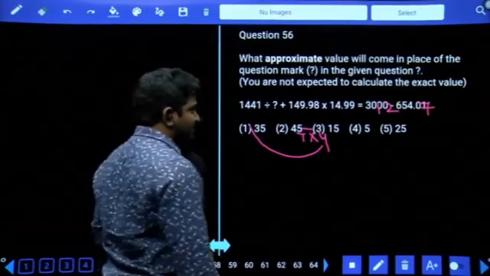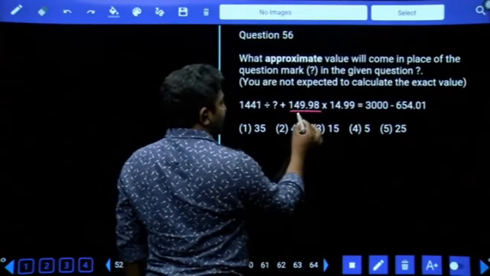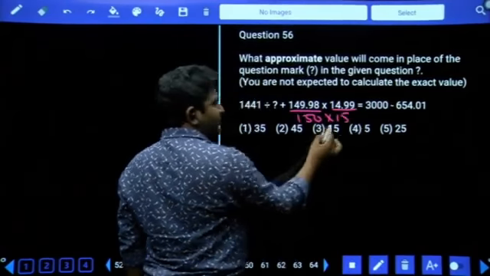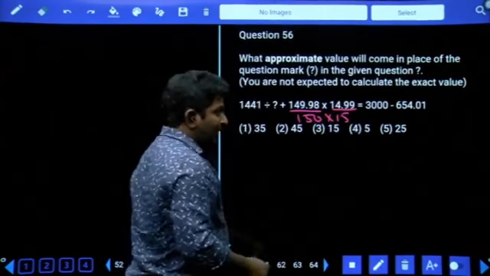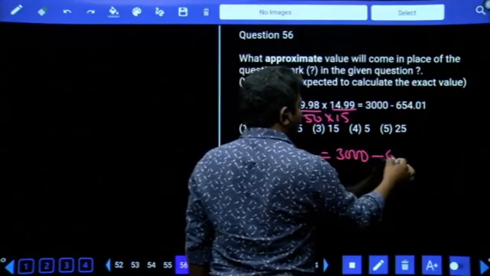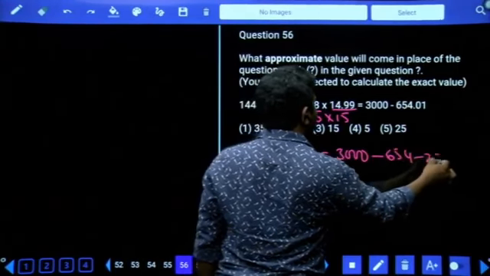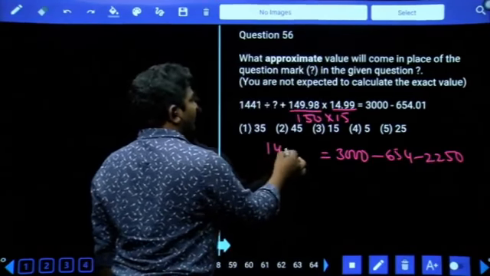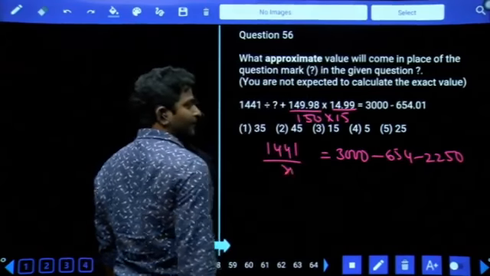Now approximations. This is 150 into 15. 15 is 225 and then a 0. That value goes to the right hand side. Already on the right hand side we have 3000 minus 654 minus 2250. That is equal to 1441 divided by x.